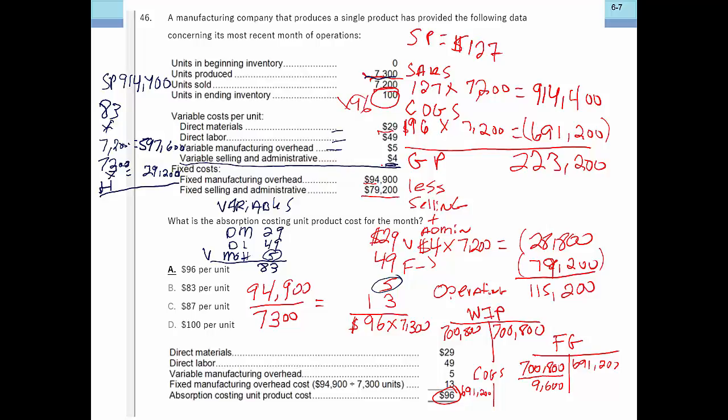No, I got what? 115,200 versus what? 113,500 versus what I got for absorption, which was 115,200. That gives me a difference of 1,700. Okay, so that's not working out right.